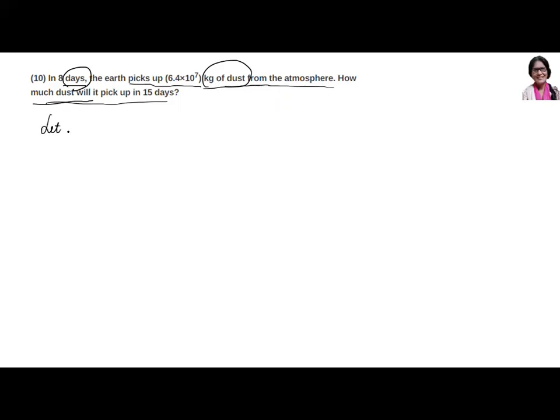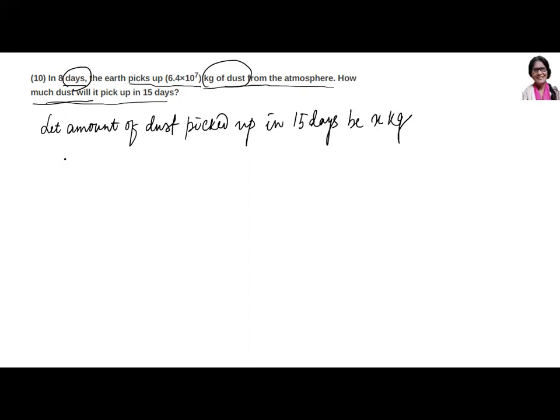Let amount of dust picked up in 15 days be x. x what? x kg. Then I'll write the ratio, number of days, and here your dust in kg.